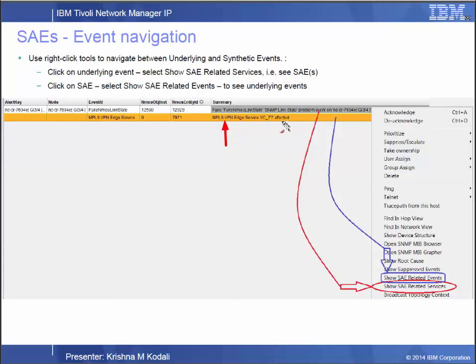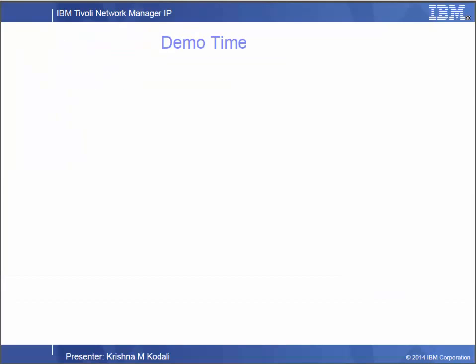Vice versa, you can do for the second event. When you right click on the SAE event, you can navigate to who are the underlying events that trigger the SAE alert. That way operators will know which interface has gone down. They can go ahead and fix that root cause. Okay, so let's now see the demo on what we have discussed so far.